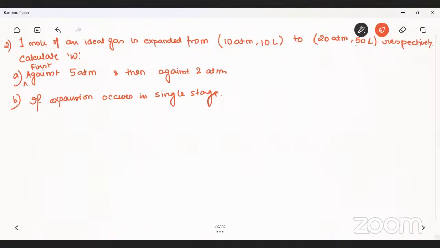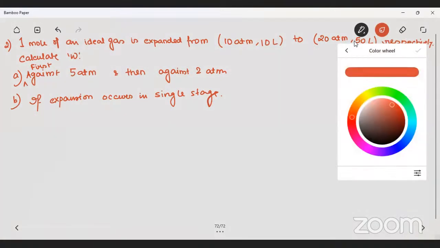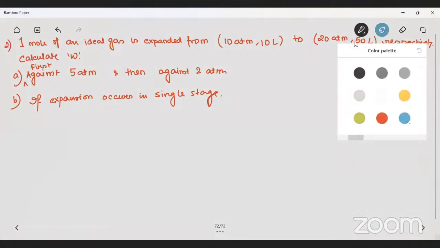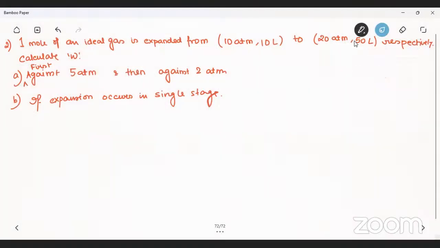Okay, no one? Okay, so what has been given in your question, just tell me once. Ideal gas expanded from here. Here, it is not mentioned that it is an isothermal process. And here, it is not mentioned that it is a free expansion, right? So the problem asks you to calculate the work done by the gas in two different scenarios.